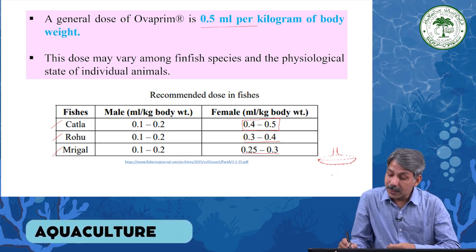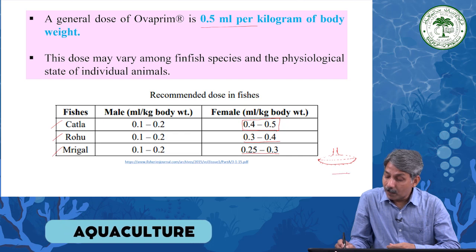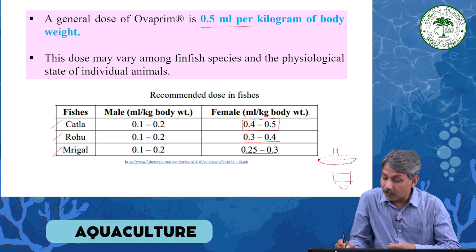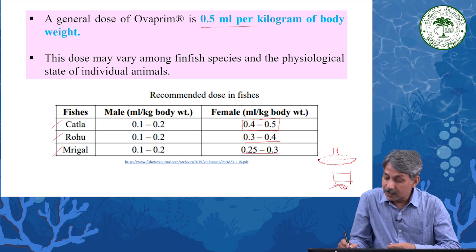So water was being sucked from the inside of the hapa, which was fixed through the bamboo poles, and the foot valve was kept here, and water was being sucked from here. It was coming to the pumping set.